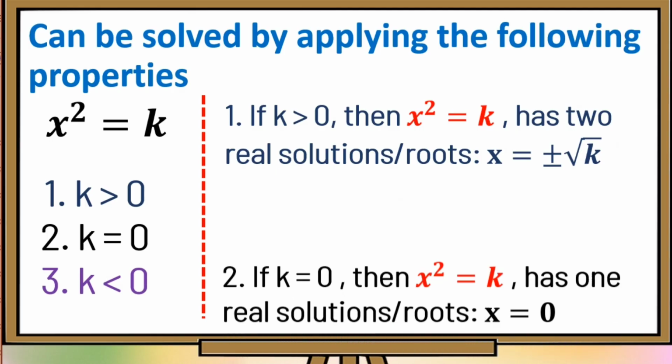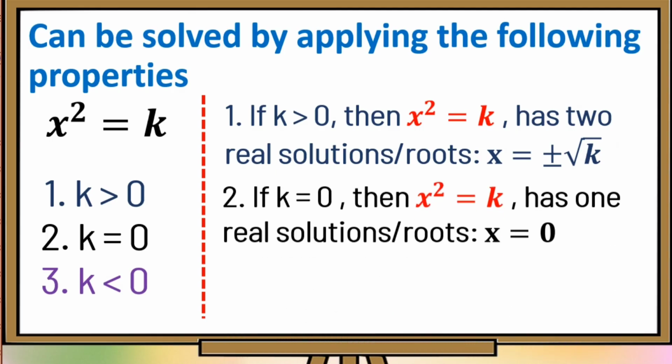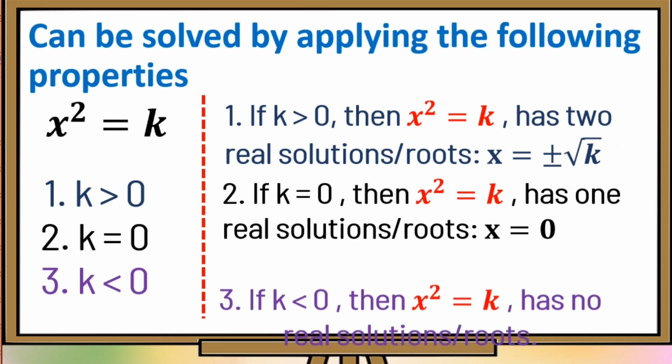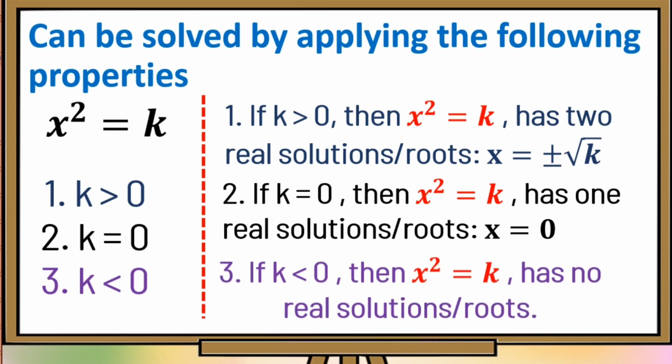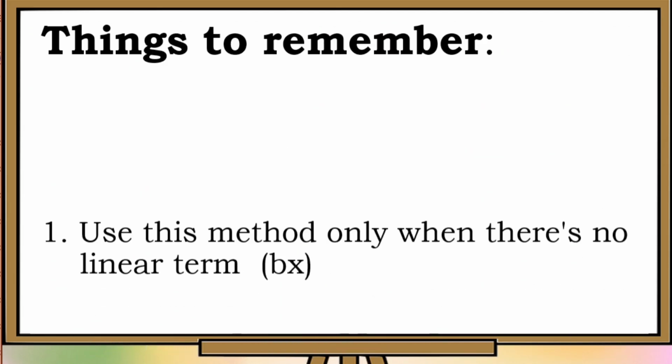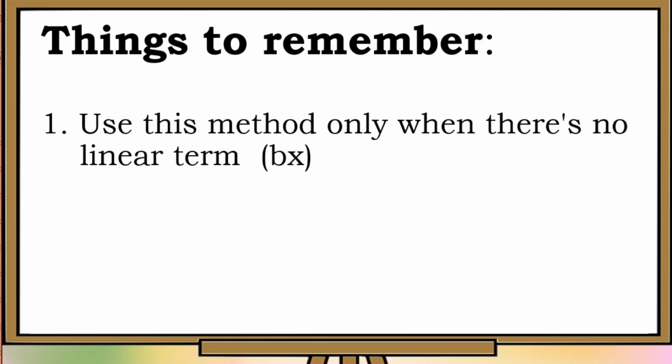Number 2, if k is equal to 0, then x squared equals k has one real solution or root, where x equals 0. Then number 3, if k is less than 0, then x squared equals k has no real solutions or roots.